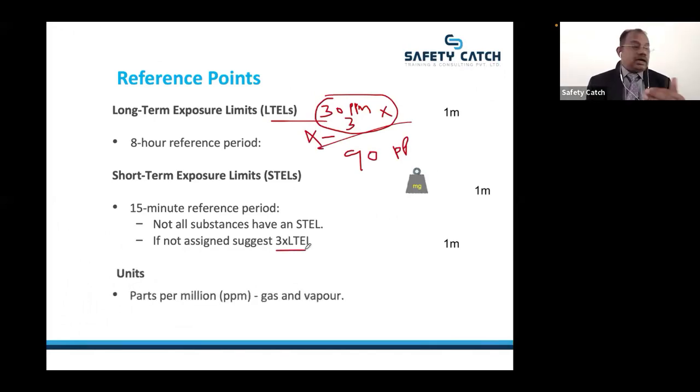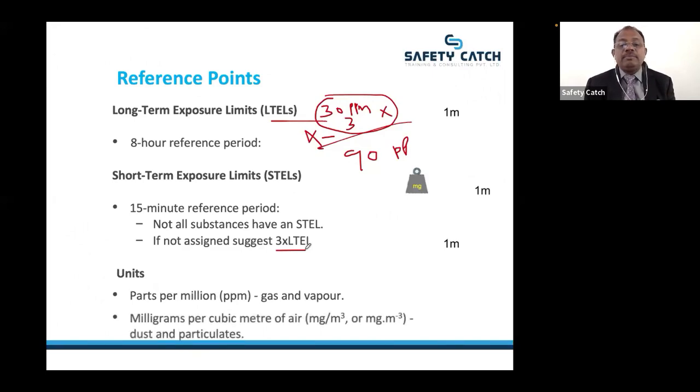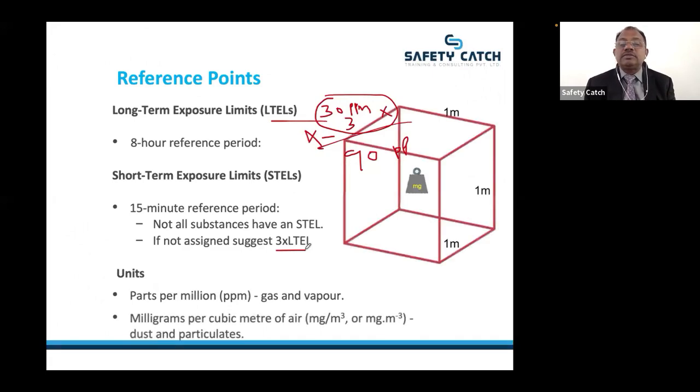The units we have already explained. One is parts per million, that is for gases. For dust, you use milligram per cubic meter of air. Yes, Vinith?